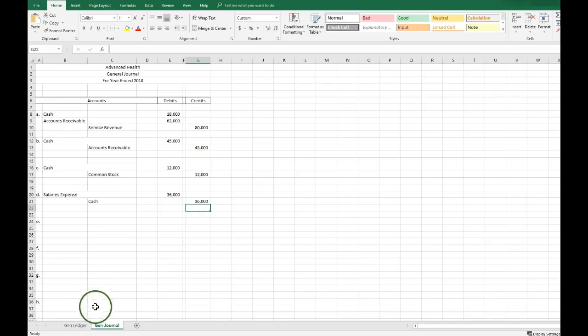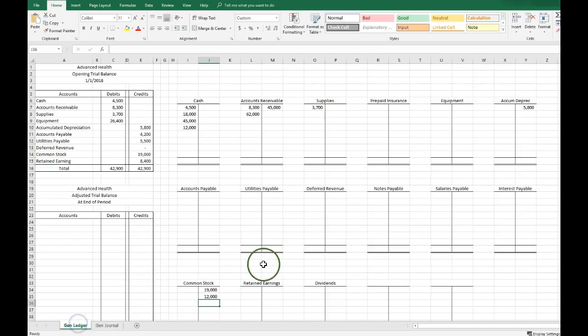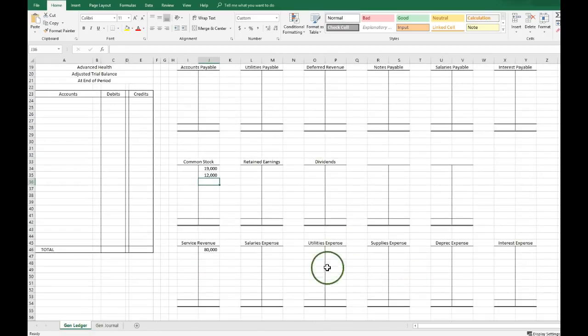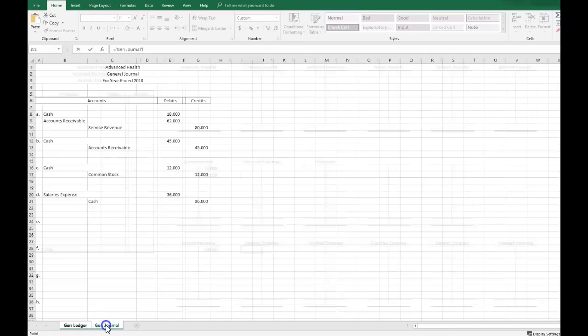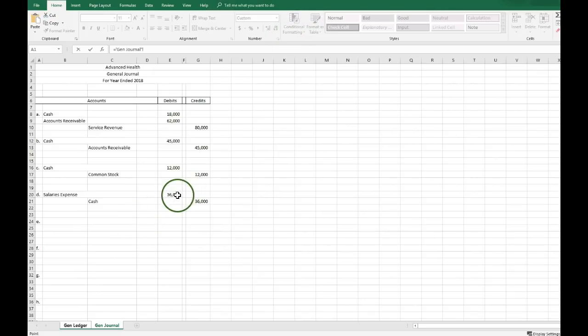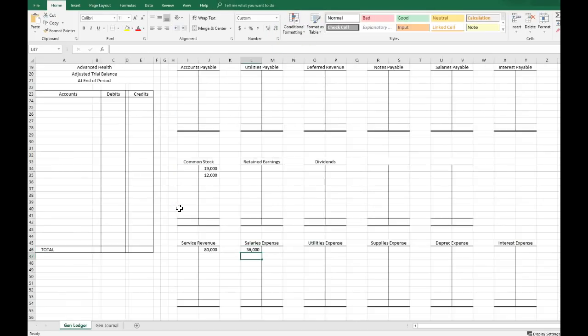I wanted to do this to show you a credit to the cash account in just a second. Let's post the debit to salaries expense. So let's go down here, salaries expense, click, equal sign, tab, click on here and hit enter.